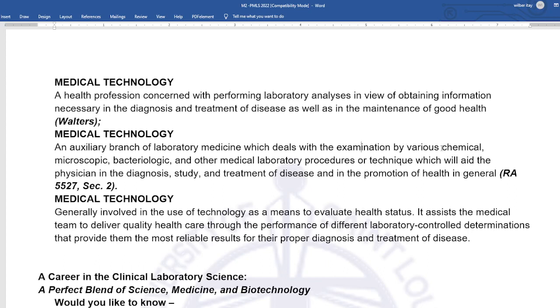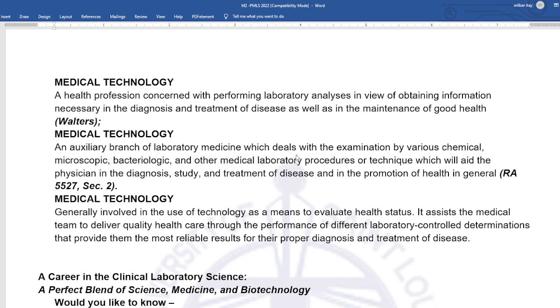Okay, so as you can see here, we are medical laboratory technologists, because as we practice our profession, we use a lot of techniques, we use a lot of materials. We just don't do our profession or our duties as medical technologists on our own. We are helped by the different products of science and technology. Okay?